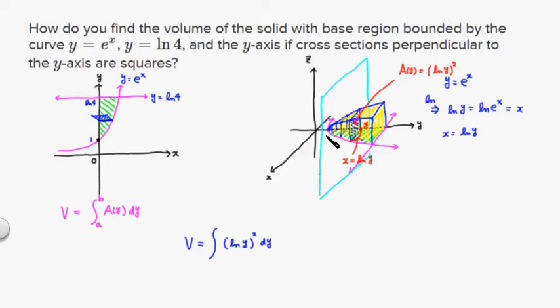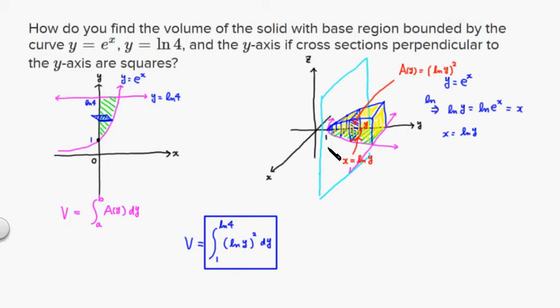So it's going to start from 1, and then the y value increases all the way up to y equals natural log of 4. So the integral goes from 1 to natural log of 4.